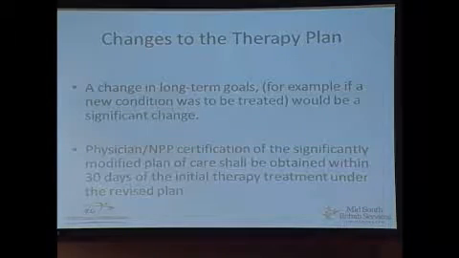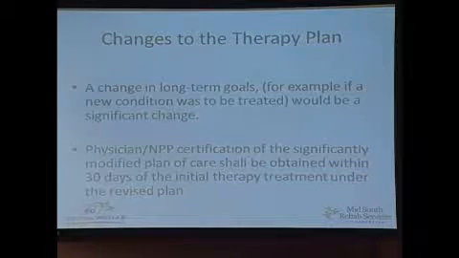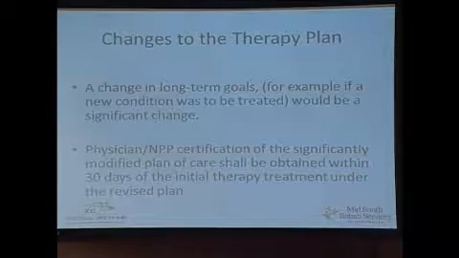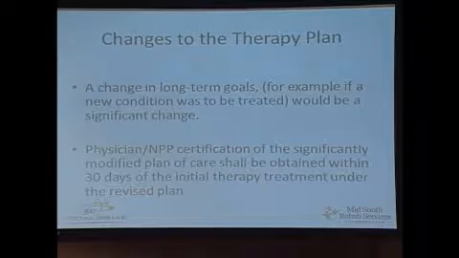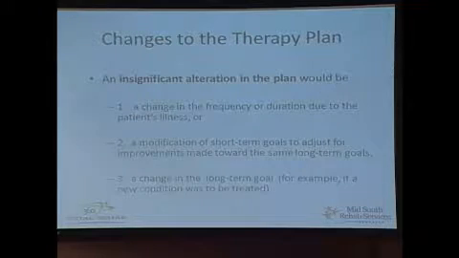When you change a long-term goal, that means if you, say for example, we're treating for expressive language, and we identify a swallowing problem, and we need to add a long-term goal for swallowing. That would be an alteration of the plan that will require you to reprint that plan and send it out for a doctor's signature saying that the plan has been modified. So, and when you do that, again, the rule is the physician must sign that within 30 days.